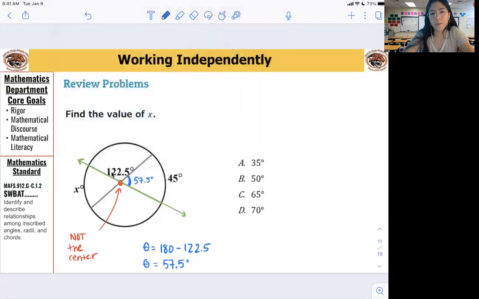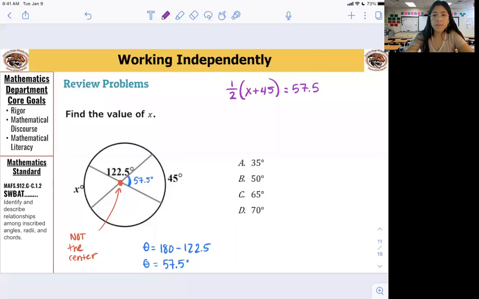Okay, so 180 minus this number, I get that number. Well, now I can use my little formula, right? Because I know that 1/2 of x plus 45 is going to give me the 57.5.